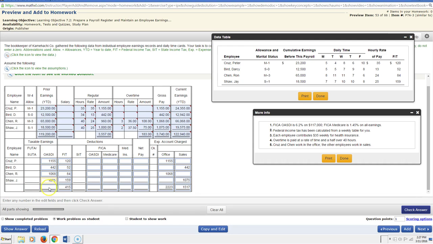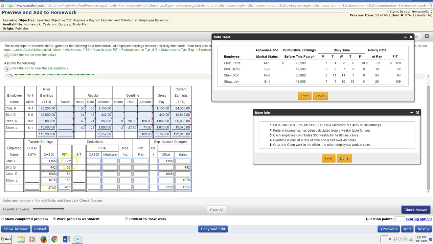If you were in Excel, you'd be able to just do your formula and get the solution very quickly. But here we have to: 1155 plus 442 plus 1068 plus 1075 equals 3740, which should be the 3740. It's all taxable. You see what I mean? Because nobody's over the limit.